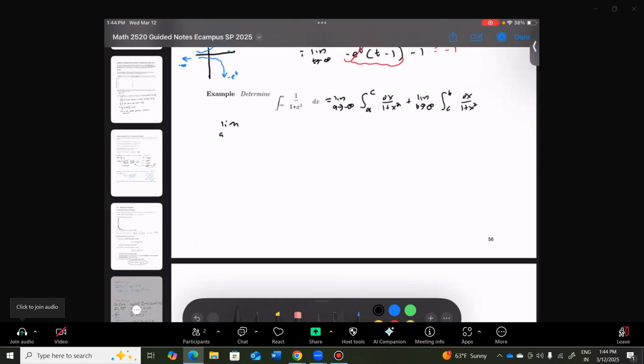So we have the limit as a goes to negative infinity of inverse tangent of x evaluated from a to 0, and then the limit as b goes to infinity of inverse tangent of x evaluated from 0 to b.